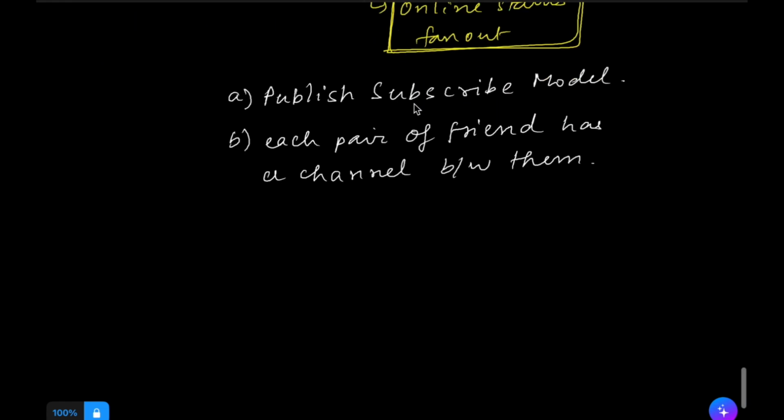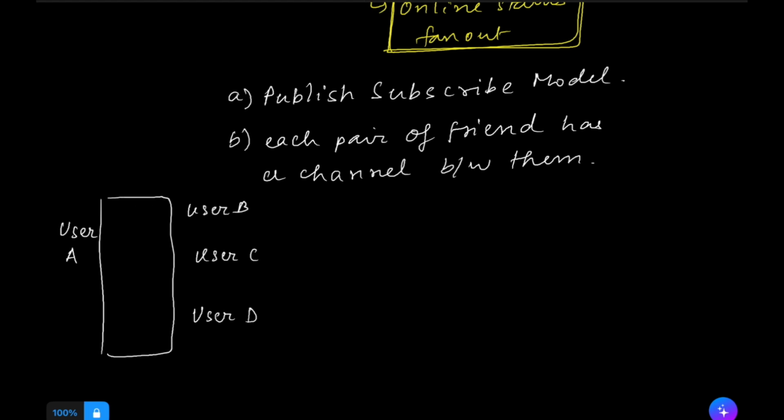Suppose we are trying to fan out the status of user A to his friends, and let's say we have user B, user C, user D, and this is my presence server.